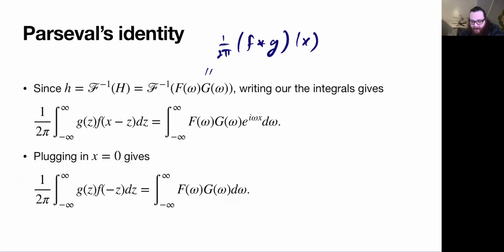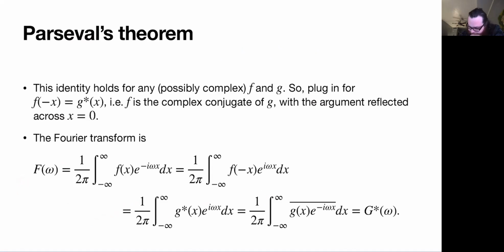So how can we make that a little more quantitative? This integral identity doesn't depend on what f and g are; any functions work. So we're going to choose f so that f of negative x is equal to the complex conjugate of g. This is just notation: g star is the complex conjugate of g in this derivation.